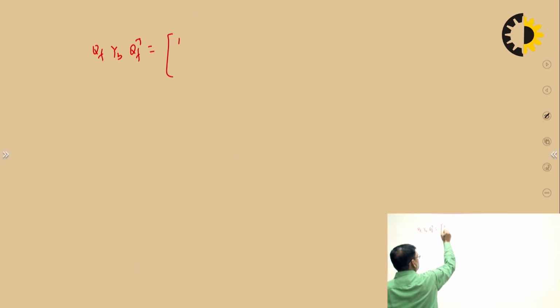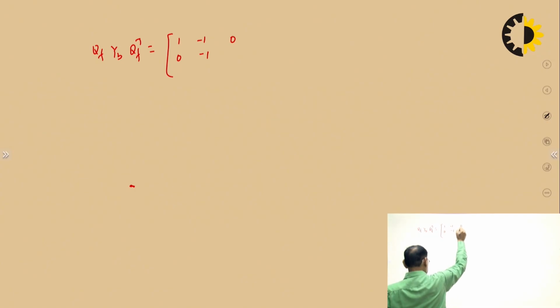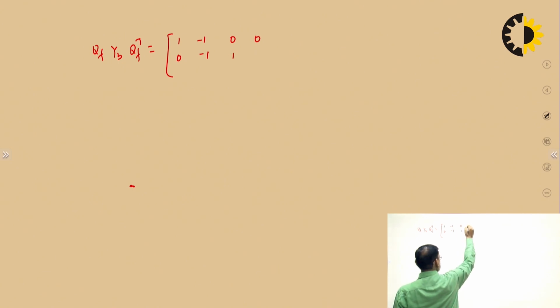So 1 0 minus 1 minus 1, minus 1 minus 1 0 1 0 1.